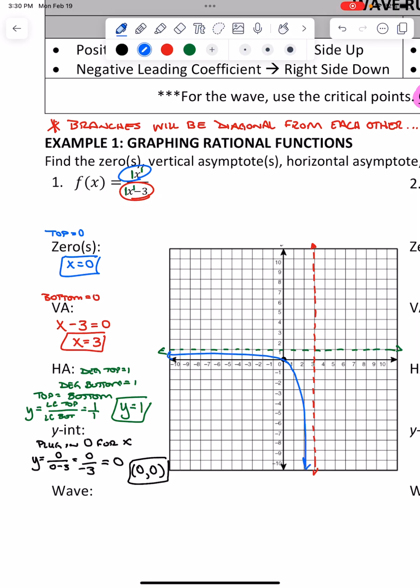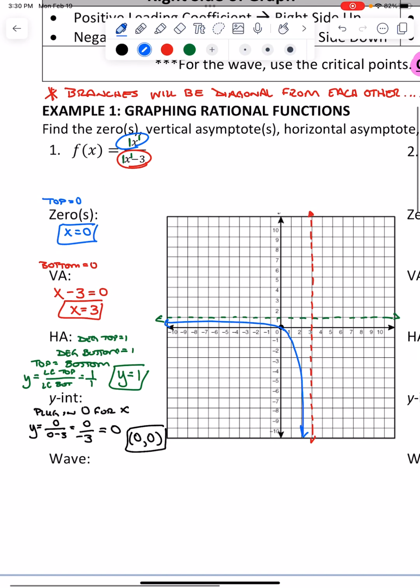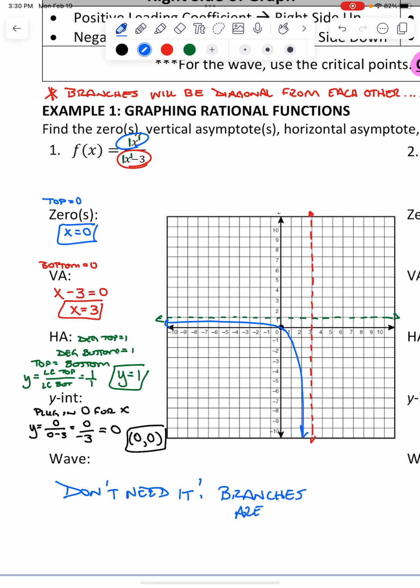And then remember, our branches are going to be diagonal unless there's a double root. None of these are double roots, okay? So our branches are going to be diagonal from each other, so we don't need the wave. Okay, branches are diagonal from each other. Right, because there's no double roots.